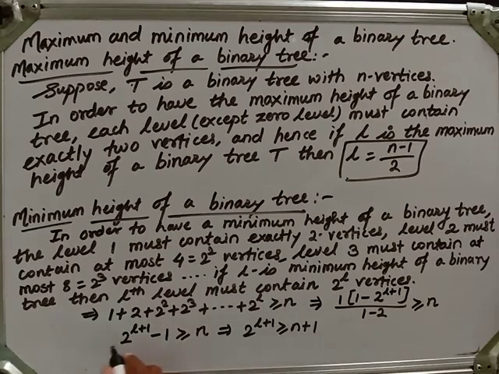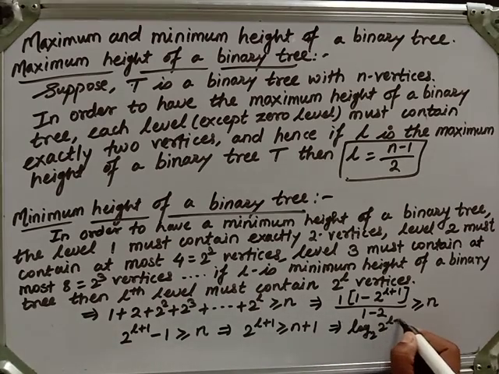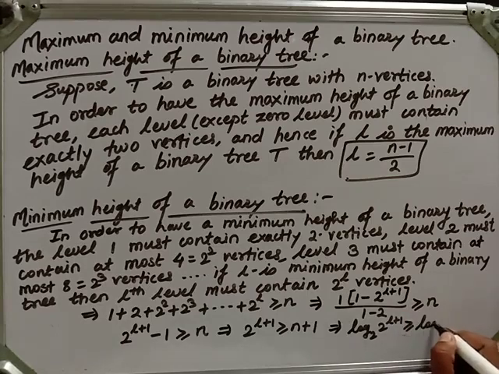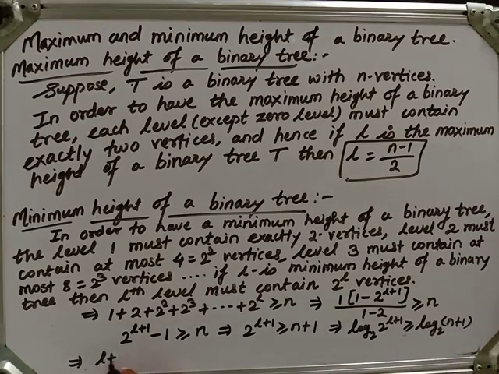Now taking logarithm with base 2 on both sides. So log to the base 2 of 2 raised to L plus 1 is greater equal log to the base 2 of n plus 1, right? That is equivalent to L plus 1 equal to log to the base 2 of n plus 1.